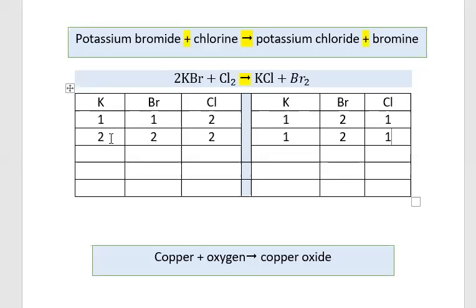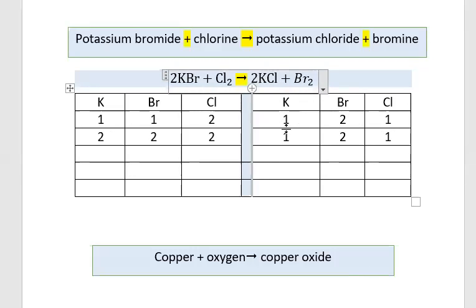Okay, so I want you guys to help me bring potassium and chlorine to a number 2. How do we do it on the product section as well? What do we need to add? Okay, so introduce the 2 before KCl.